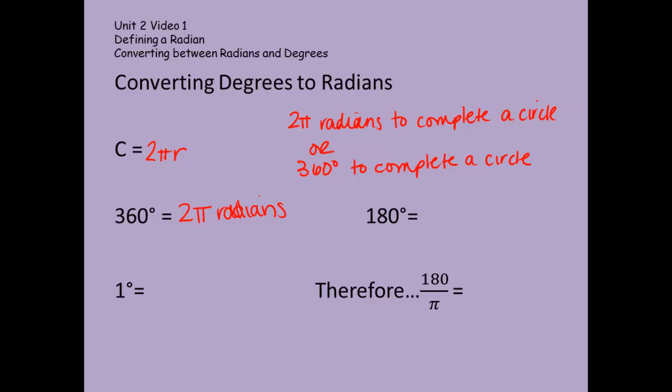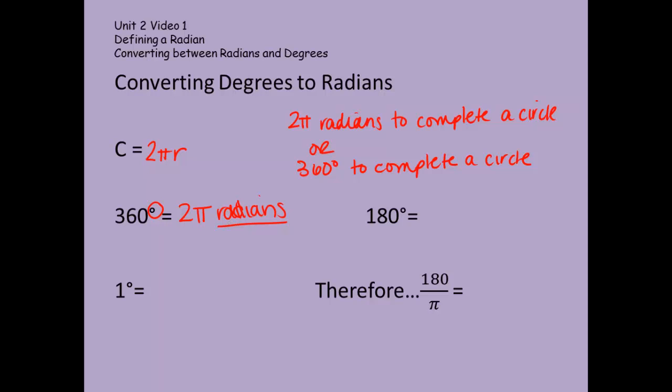Notice how I'm using the label radians and the label degrees. I would never say 4 cups is equal to, I would say 4 cups is equal to a quart. I would never say 4 is equal to 1. I would have to include the units to make sure that was clear. So I will do so here. 360 degrees is equal to 2 pi radians.